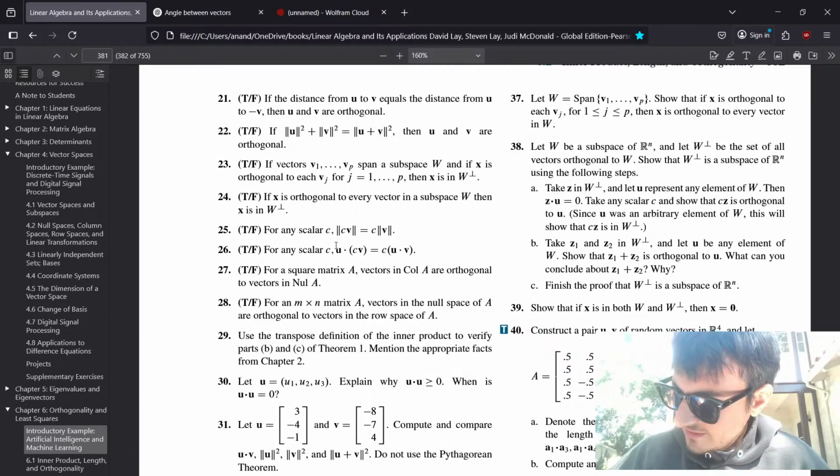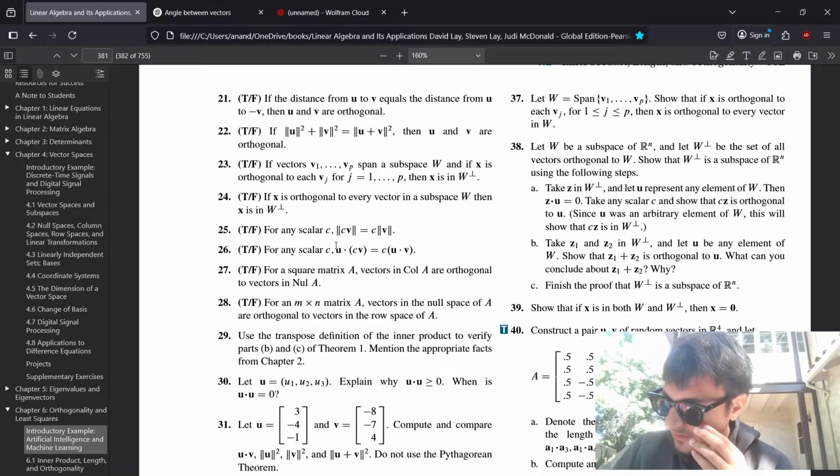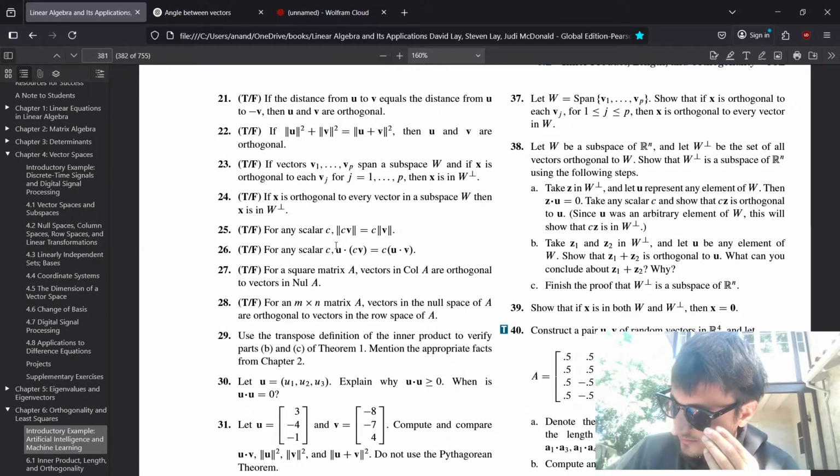Then we get 1, 2 dot minus 3, minus 4, which is equal to minus 3 plus minus 8, which is equal to minus 11.